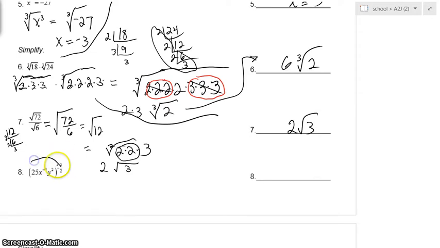Number 8, look, everything is raised to the -3/2 power, so 25 is bumped up there. Powers to powers get multiplied. So I'm going to take -4 times -3/2. Here's 2 times -3/2.